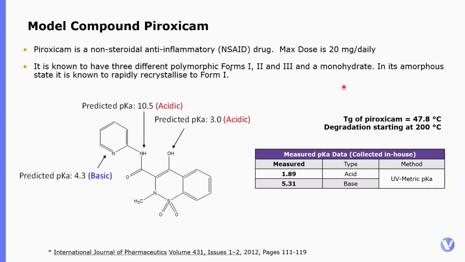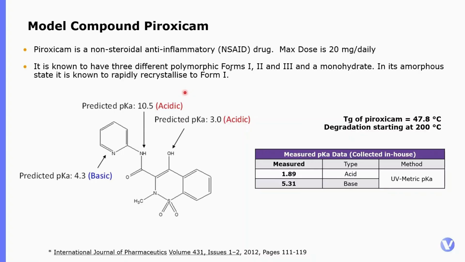In-house characterization, we looked at the amorphous phase, which has been found to have a low Tg and tend to recrystallize very rapidly. Now, another important feature of this molecule is that it contains multiple ionizable centers, the most relevant being a weakly basic pyridine and an acidic phenol group.